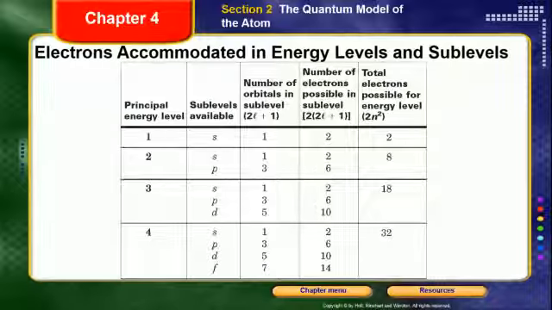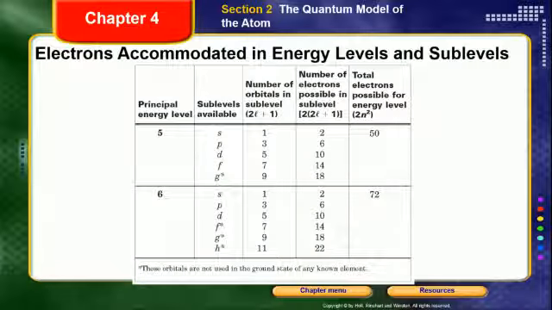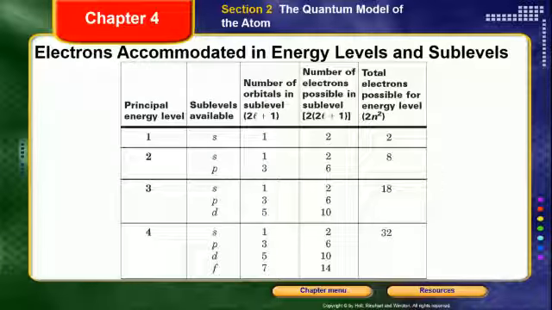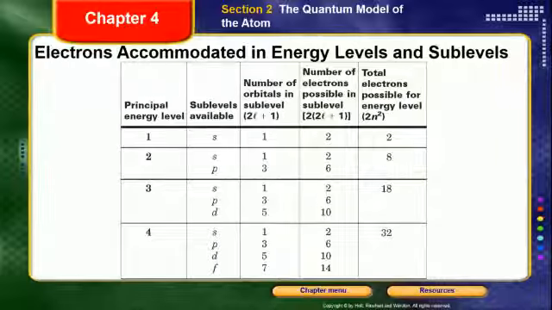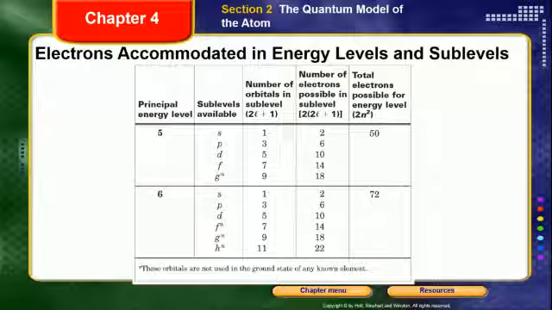Now, in your notes, you have 2 different charts or tables because the numbers would be too small if I printed this all on one sheet. So you have 1 through 4 right here, and then 5 and 6 on the next slide. What I want you guys to be able to do is see the patterns. Pattern recognition.